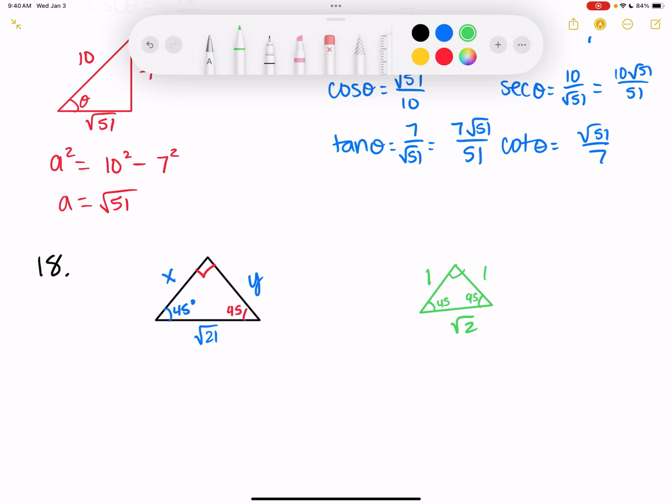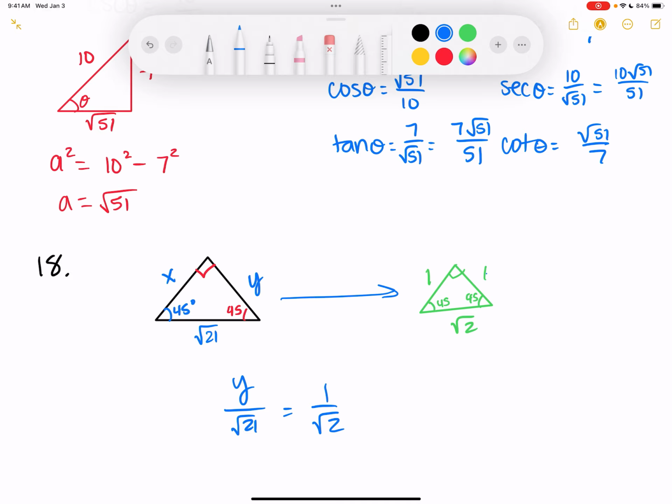So I'm going to have y over the square root of 21, okay? So y comparatively to this one is equal to the same comparison over here, 1 over the square root of 2.